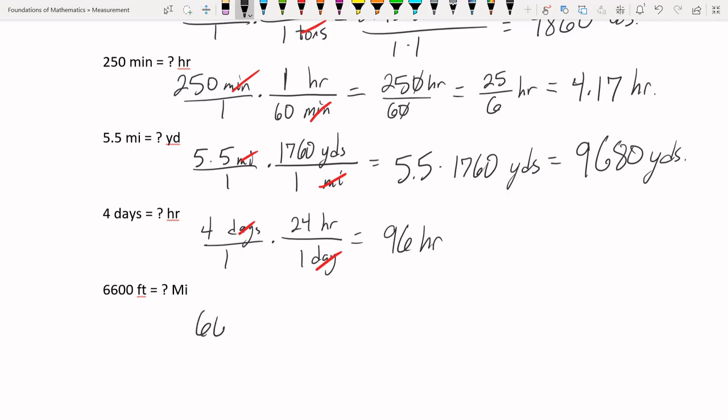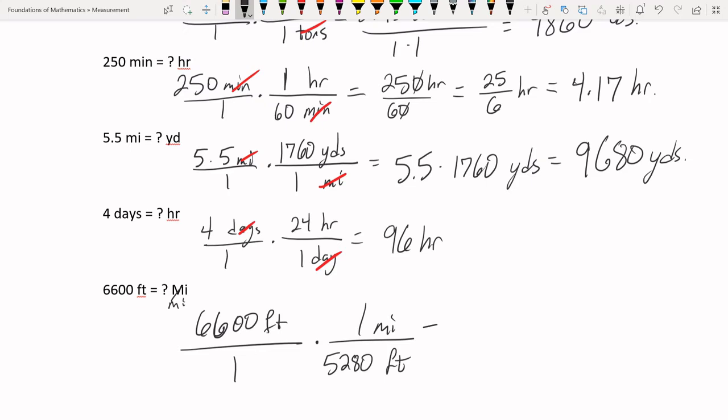Okay, 6,600 feet. That should be a lowercase m. It should just be miles. Over 1 equals, this one I do know off the top of my head, there's 5,280 feet in 1 mile. And of course, the feet cancel.